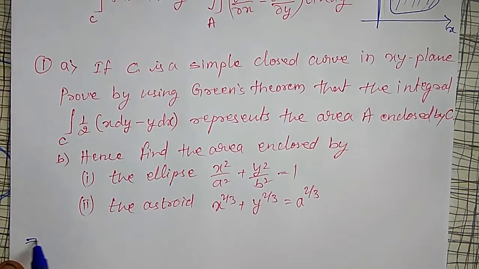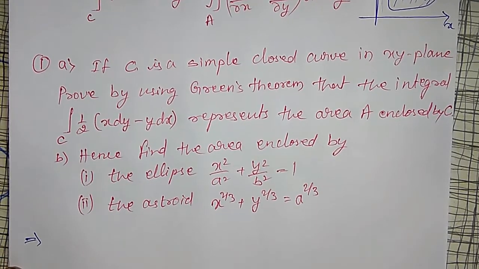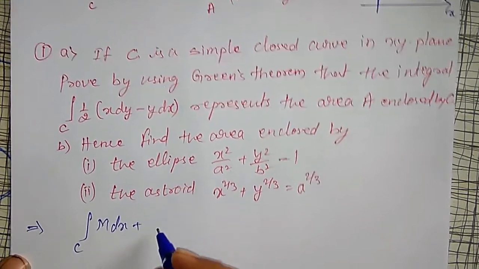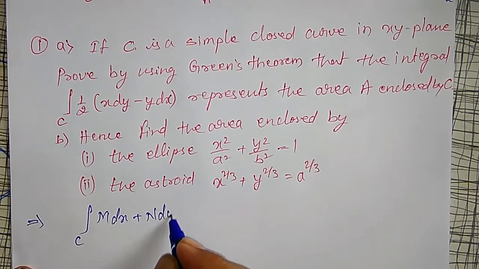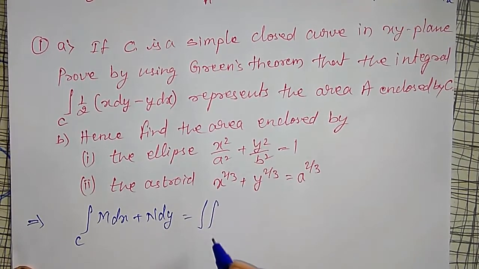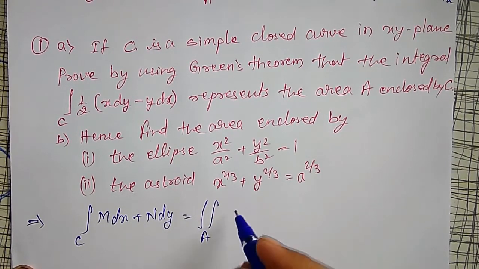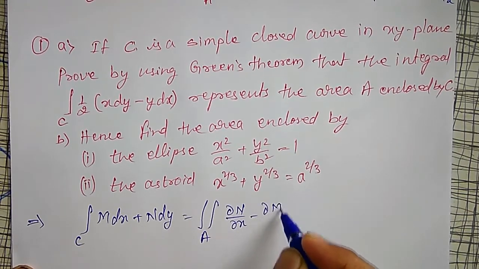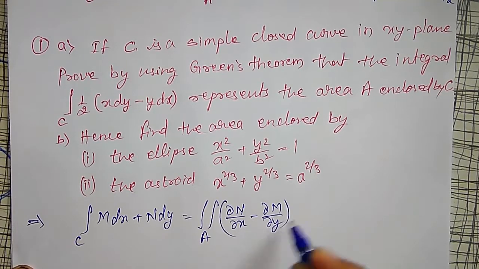To prove the first part, according to Green's theorem, I know that the integration over a closed curve C, M dx plus N dy, is equal to the double integration over the region A of dou N by dou x minus dou M by dou y, dx dy.